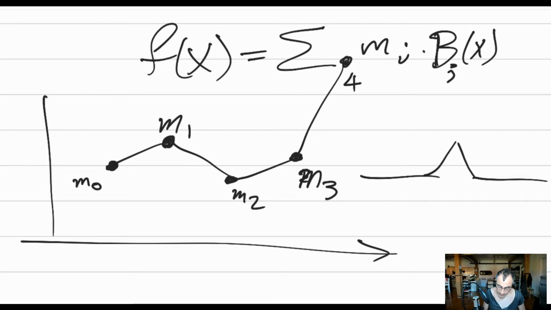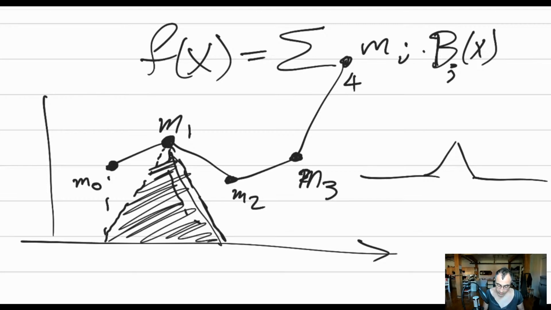So, for example, for this m1, the contribution of this one will have this shape. So this is the contribution coefficient of this point.